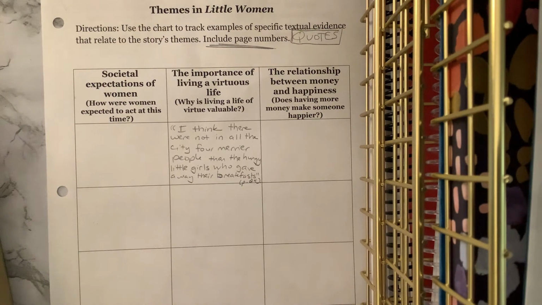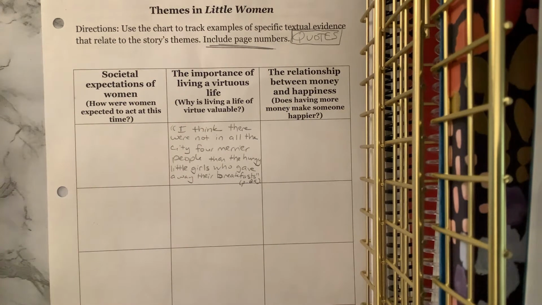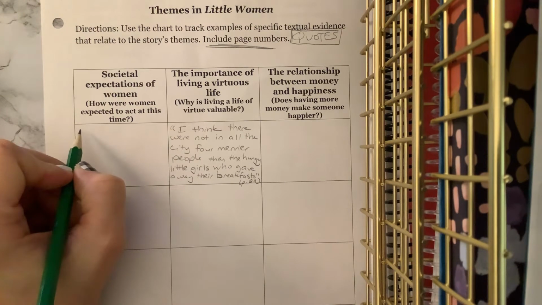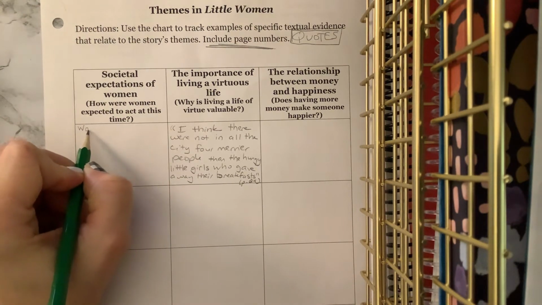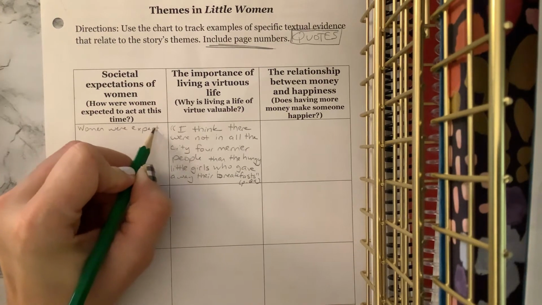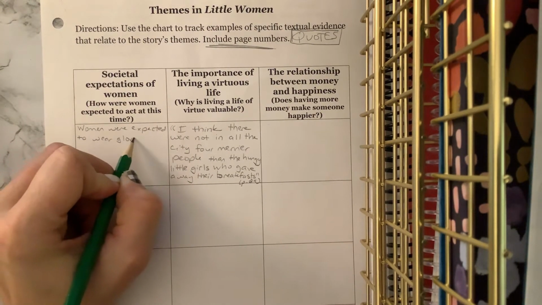So this reflection on Joe's expected to wear gloves. So I'm going to set it up and then share Joe's quote. So how were women expected to act? We would say women were expected to wear gloves.